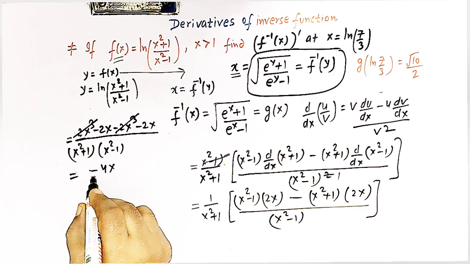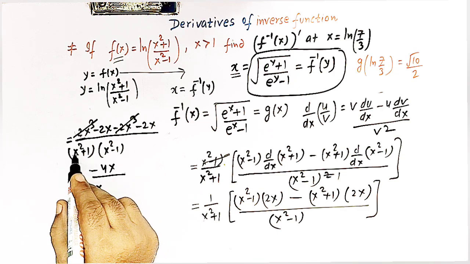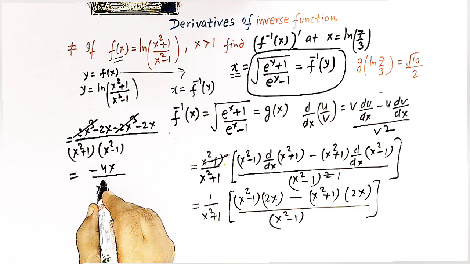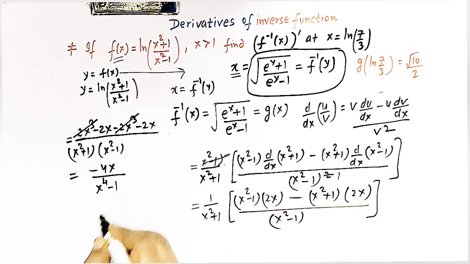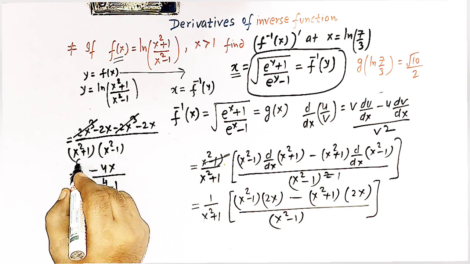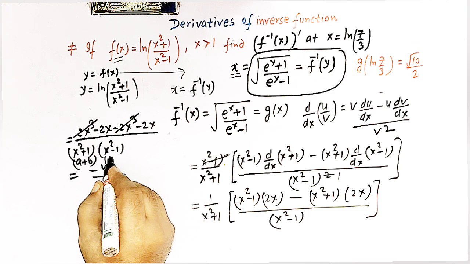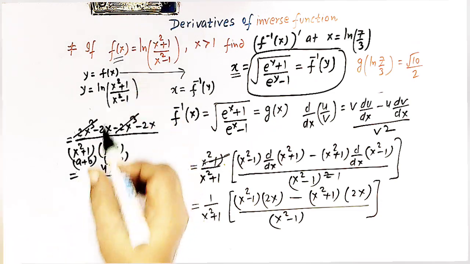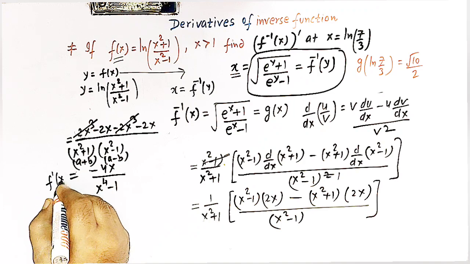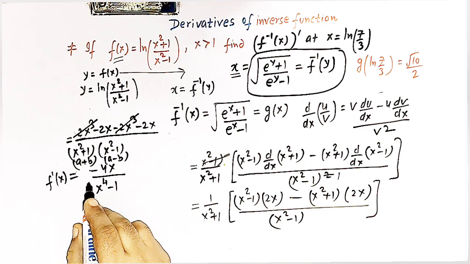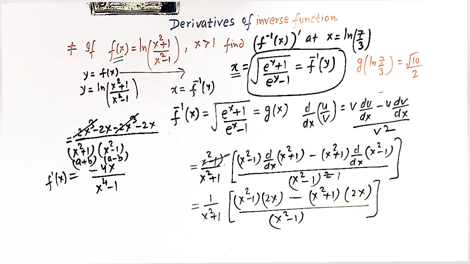We are left with minus 4x over (x square plus 1) multiplied with (x square minus 1), which can be written as x raised to 4 minus 1, because here we have used this identity, that is (a plus b)(a minus b), right? So the derivative of this function is given by f prime of x, that is equal to minus 4x divided by x raised to 4 minus 1.